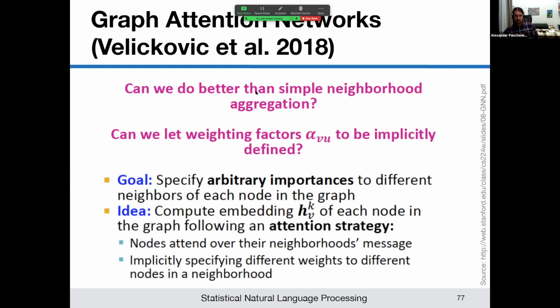These arbitrary importances are also going to be learned, for some attention strategies. Let's say if you have a certain message already in the state, nodes which are similar, which carry a similar signal, for instance, have to be considered more seriously than some other nodes.